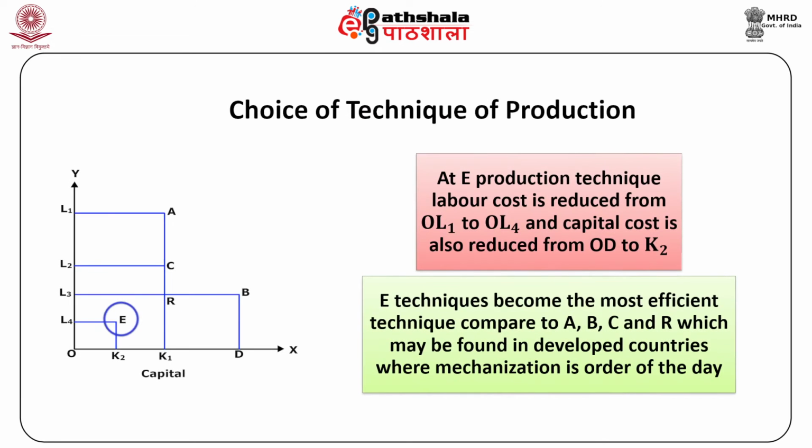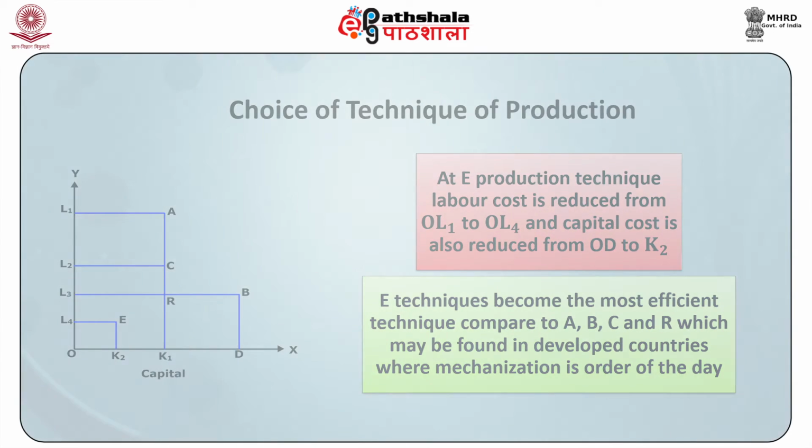At E, the production technique labor cost is reduced from OL1 to OL4 and capital cost is also reduced from OD to K2. So, E technique becomes the most efficient technique compared to A, B, C and R, which may be found in developed countries where mechanization is the order of the day. So, this is given in the figure.